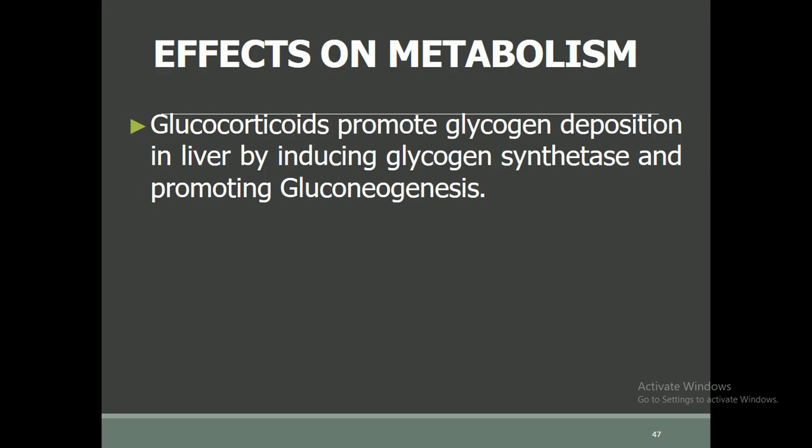Deposition means whenever something is deposited on a surface or in tissues, you can say deposit, something accumulating. So glucocorticoids promote glycogen deposition in the liver by inducing glycogen synthase and promoting gluconeogenesis, the formation of new glucose.